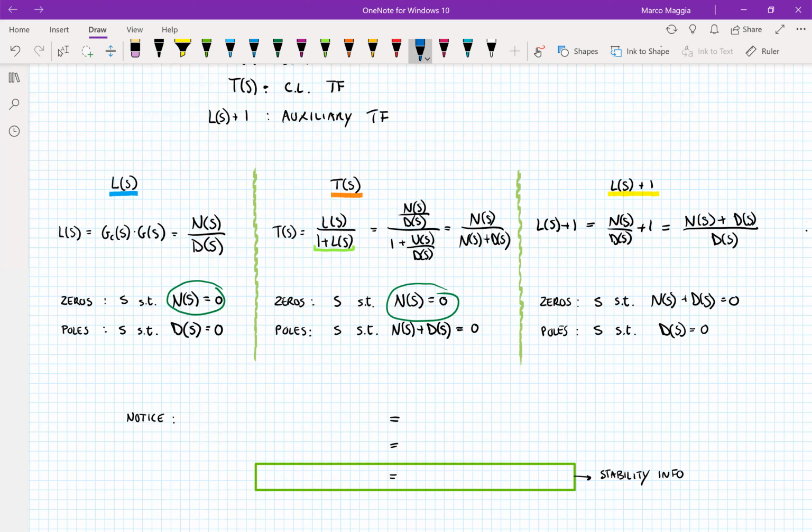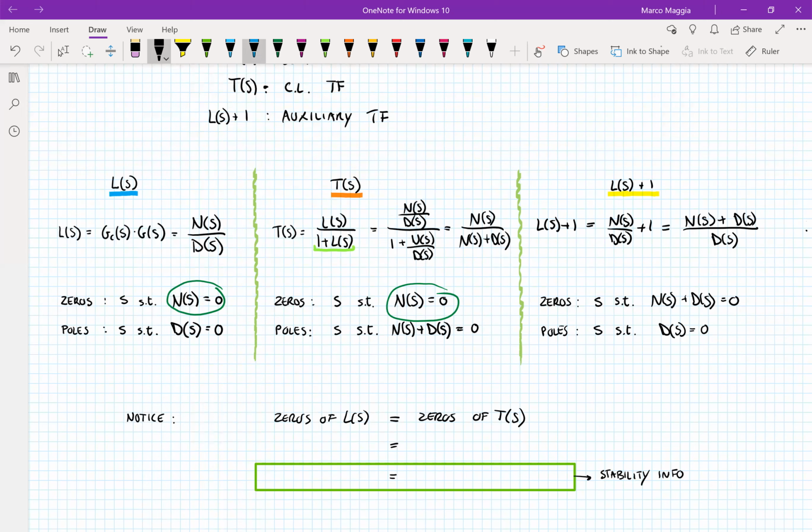We've already established that the zeros of L of S are equal to the zeros of T of S. That's good, but this piece of information is actually useless in terms of what we are going to develop. So it's just there, but we're not going to do anything about it. Now let's take a look at something more interesting, and we're going to see why in a few minutes.